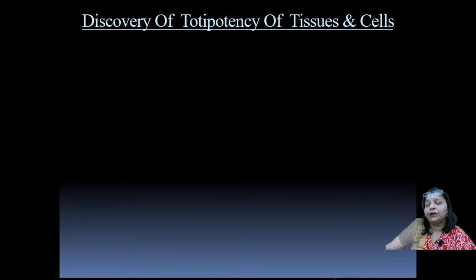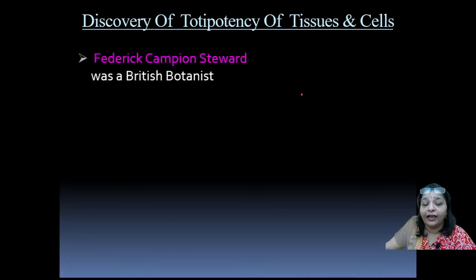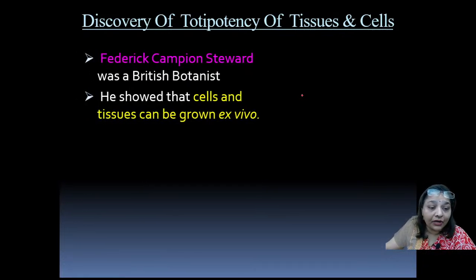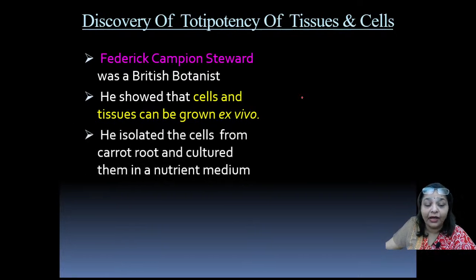Now, how did all this happen? Who discovered the totipotency of the tissues and of the cells? It was this person, Frederick Campion Steward, a British botanist, who showed that the cells and the tissues can be grown ex vivo, outside a living system, outside an organism. What did he do?